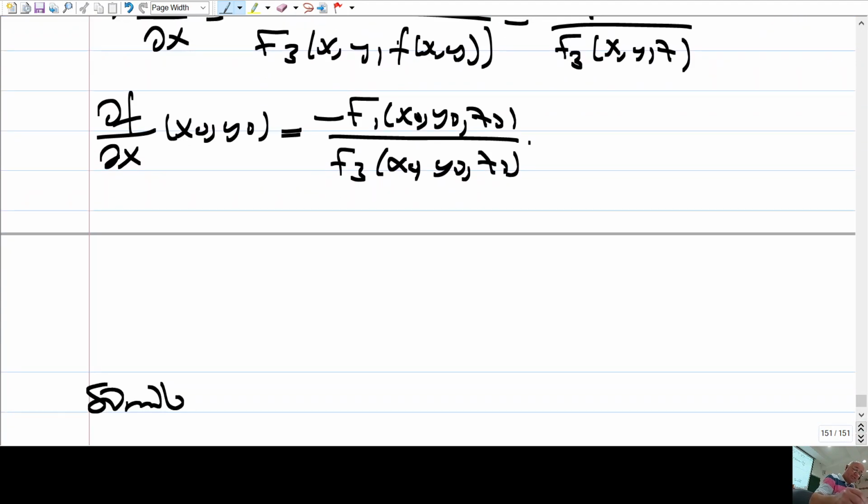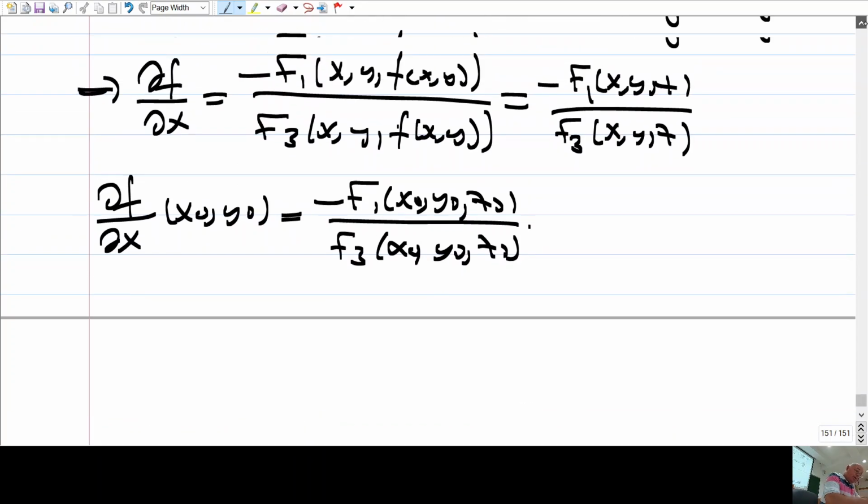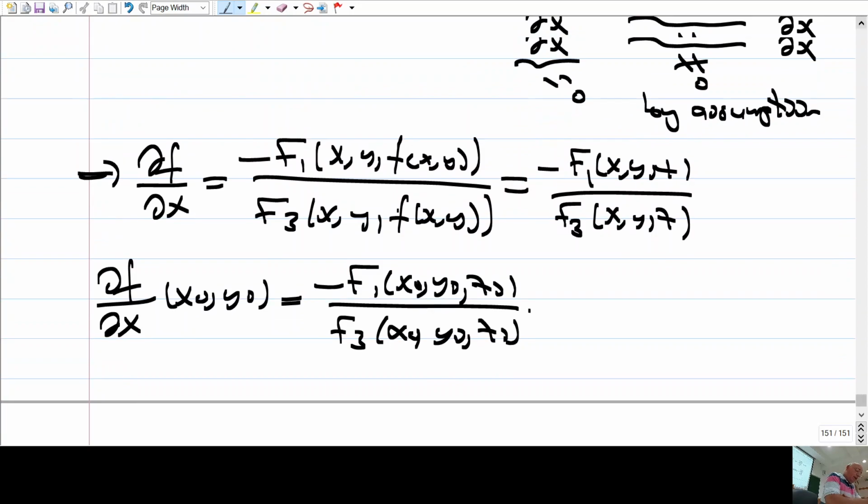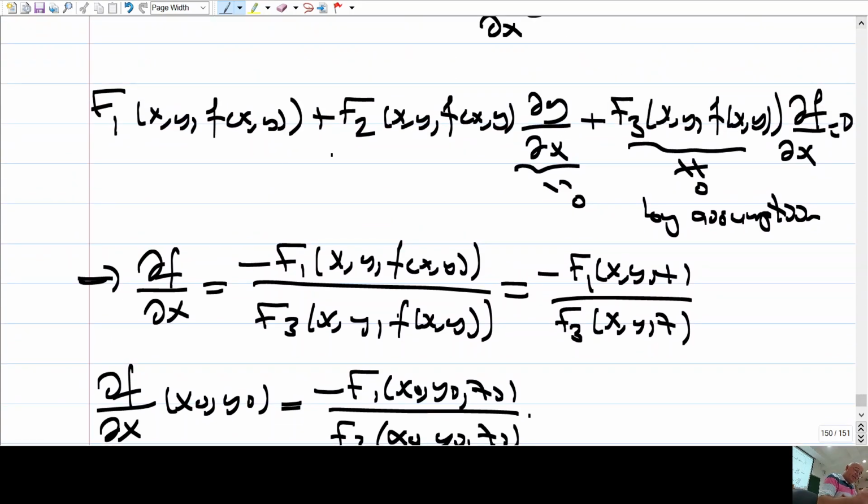I could similarly write del f del y at x0, y0, z0 would be just minus this time, in this case taking derivative with respect to x.